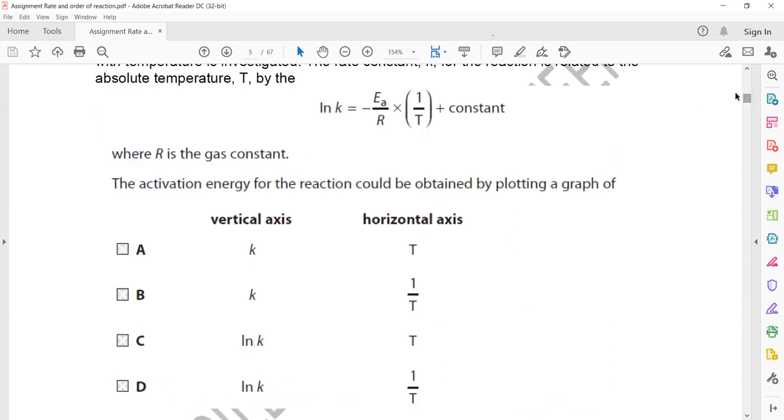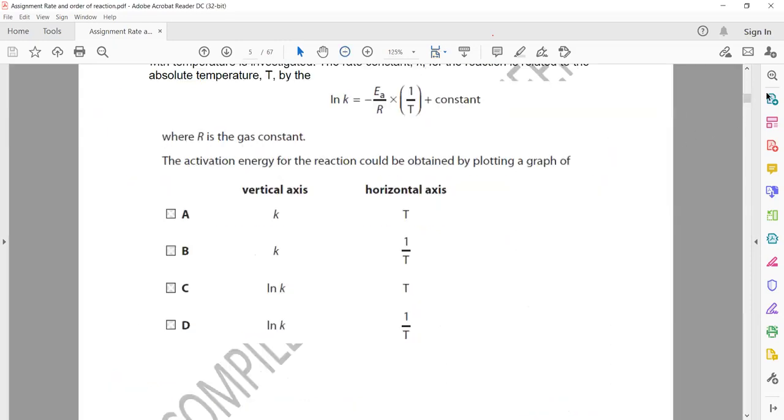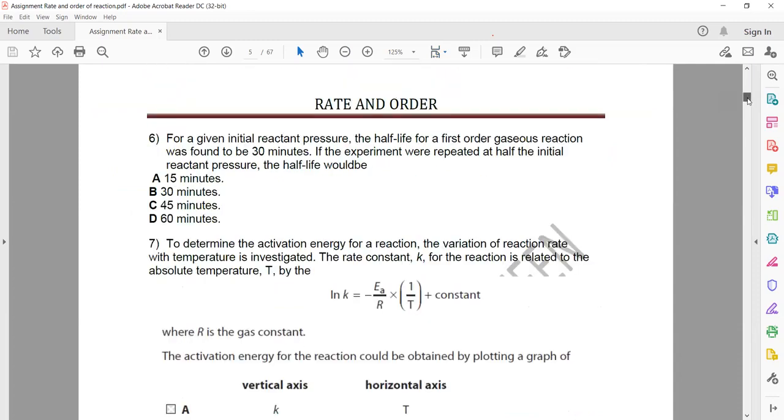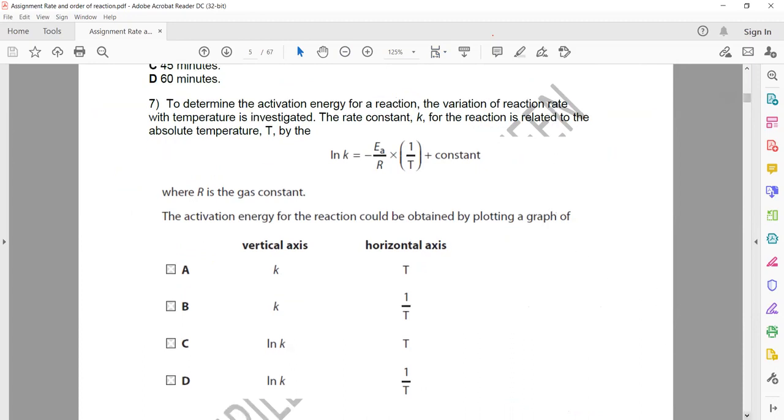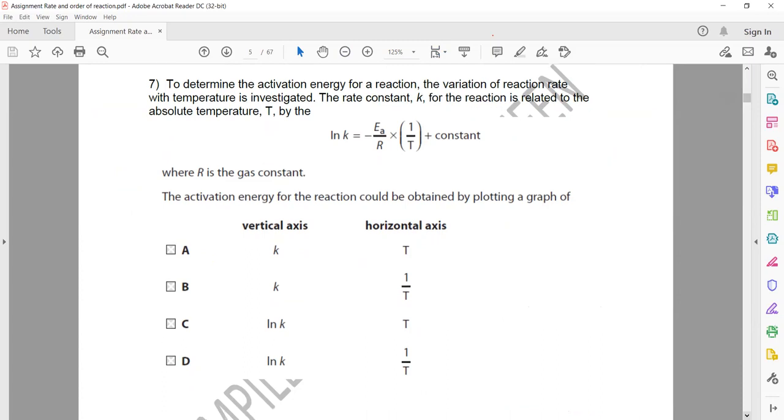Question 7. To determine the activation energy, the variation of reaction rate with temperature is investigated, and the rate constant k is related to it.